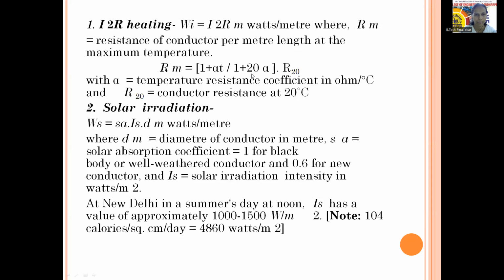As per the given example, if we take 30 degrees Celsius temperature, we have to put 30 here, and the subscript of R we also put as 30. All of you are getting? Yes.